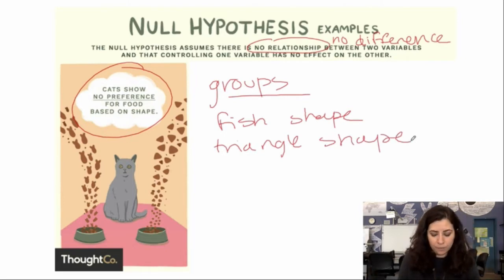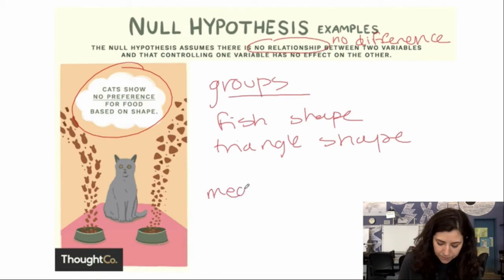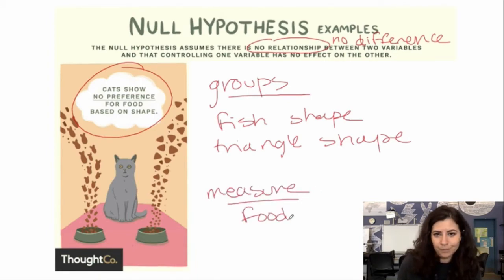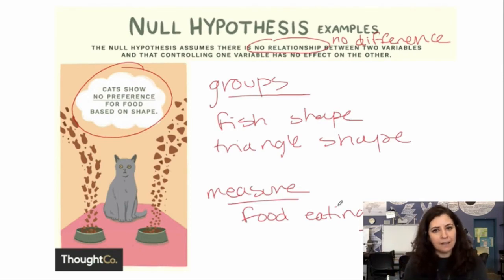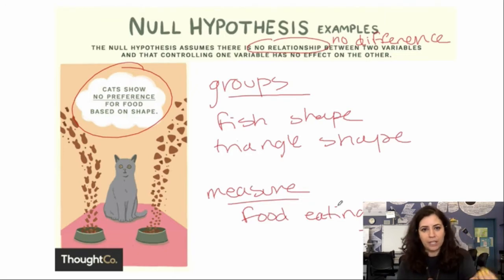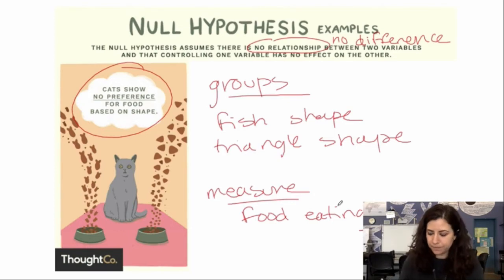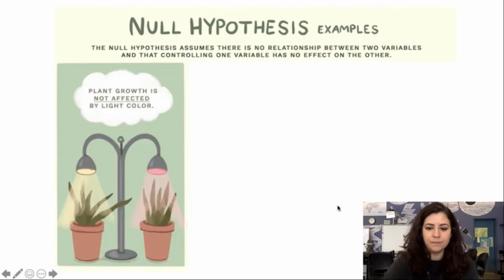We'd give cats bowls of both, and then what we would measure would be food consumption, food eating. That's not great English. And we would get some sort of data, and then we'd be able to use that data to test the null hypothesis. And here, the null hypothesis would be, cats eat the exact same amount of triangle food as fish-shaped food.